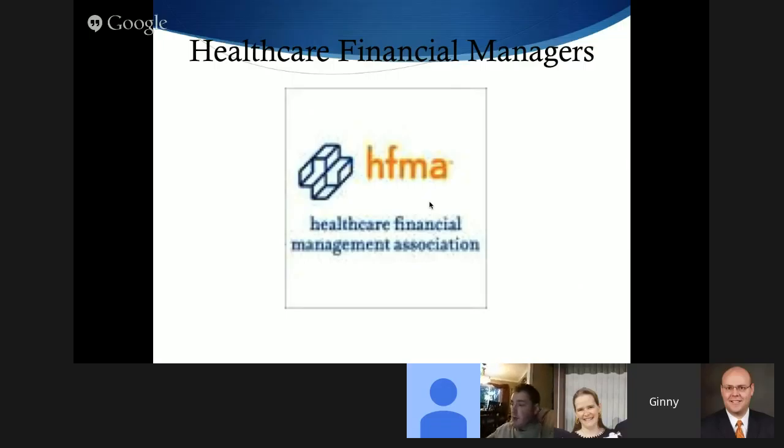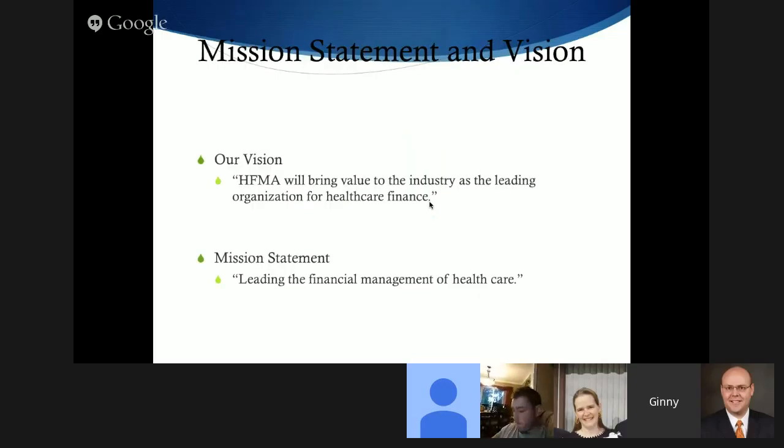Okay, so healthcare financial managers. This is going to be the Healthcare Financial Management Association. So their vision and mission: it will bring value to the industry as the leading organization for healthcare finance.